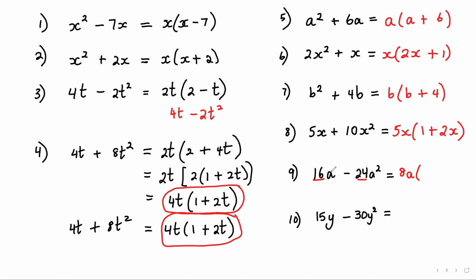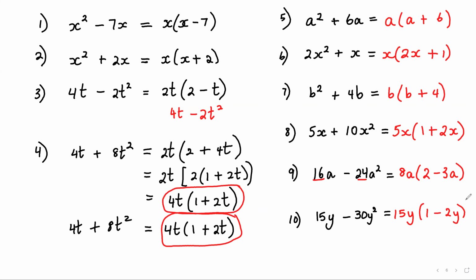Then 8a into 16a is 2, and 8a times minus 3a will give me 24a squared. And finally, 15y is the common factor between 15y and 30y squared. 15y times 1 is 15y, and 15y times minus 2y gives me 30y squared.